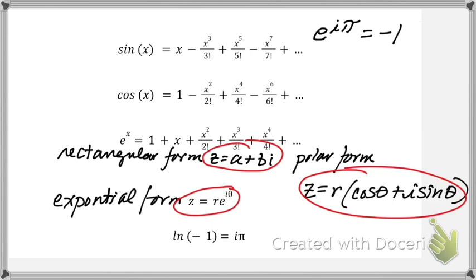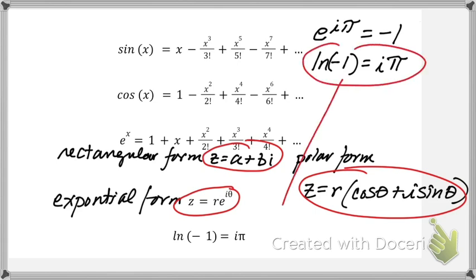And then how about if I convert that to logarithmic form? ln(-1) is equal to i pi. That may take you a little bit of review to think about how to convert from exponential to logarithmic form, but that is certainly what we can do with the definition of a logarithm. And that is in fact what I have right here, ln(-1) equals i pi. And we're going to use that as well.